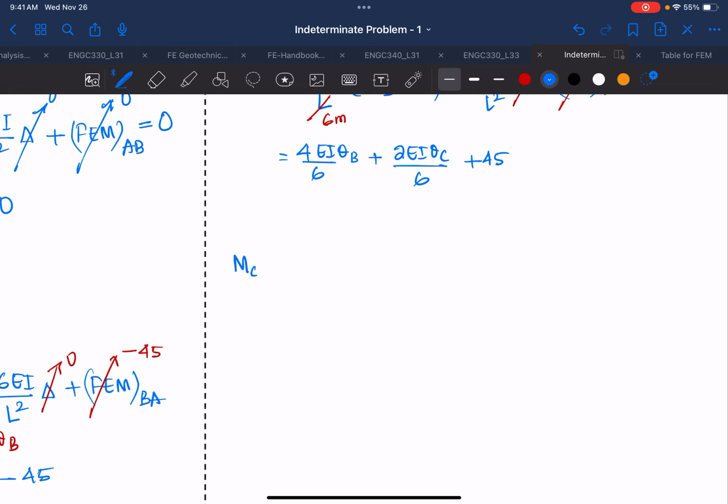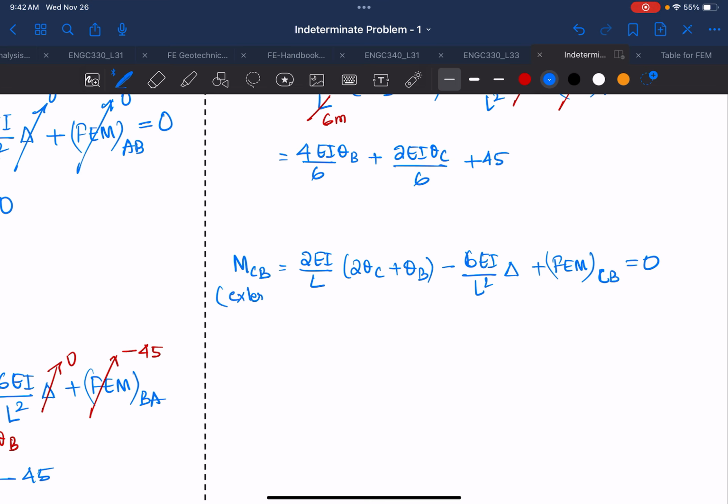So we're going to write MCB is equal to 2 EI over L times (2 theta C plus theta B) minus 6 EI over L square delta plus FEM CB, and this will be equal to 0 because it's an external roller.